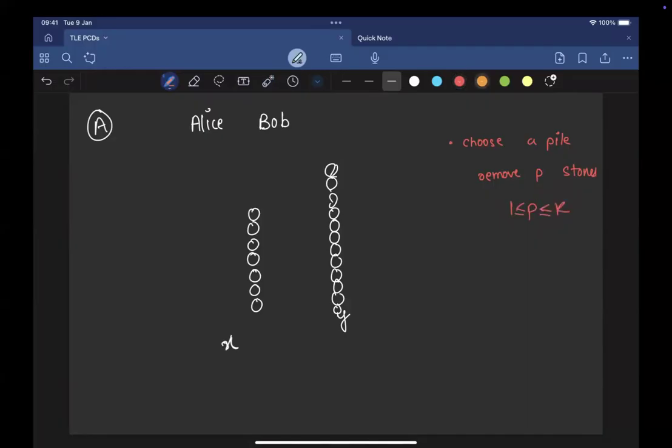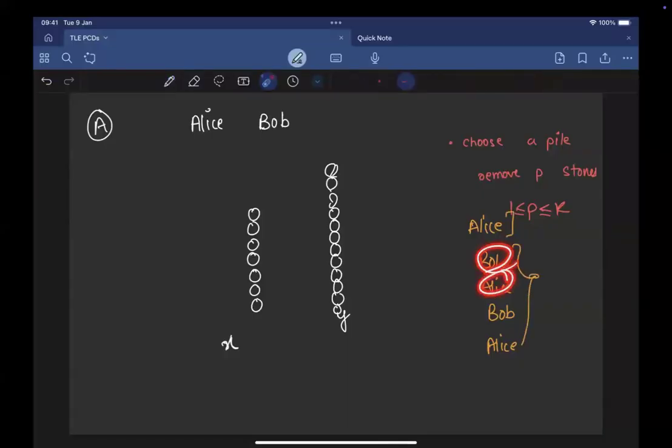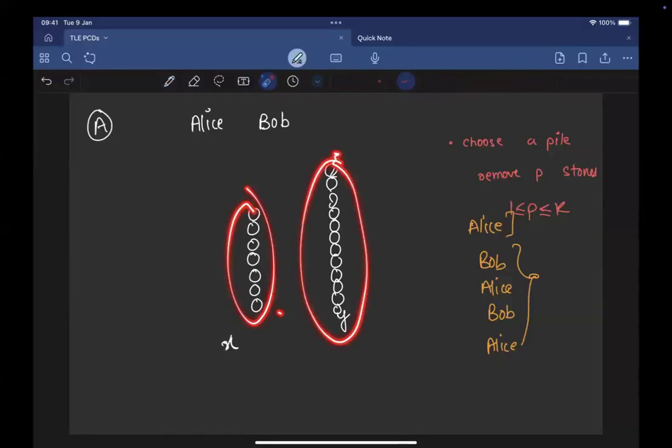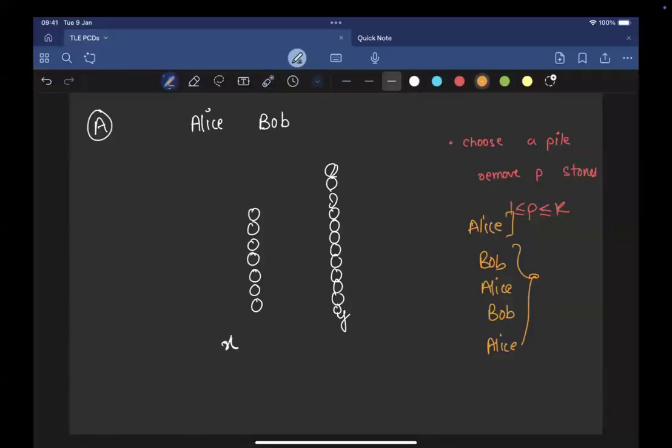After that, it would be Bob's turn, then Alice's turn again, then Bob's turn, then Alice's turn, and so on. Only Alice's first move is different. After that, for every move, these two will have the choice. First of all, choose one of the piles. Then, let's say in the last move, Alice had removed 10 stones.